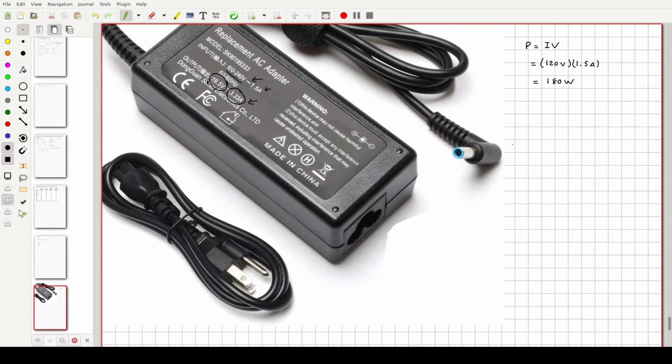Now, on the other hand, if you look at what's being outputted, so this is input, in from the wall, and this is out to your laptop. I'll call this PI and this PO. Again, I times V, except now my I here is 3.33 amps and my V is 19.5.